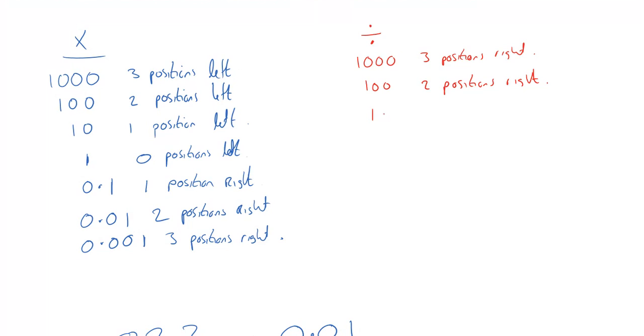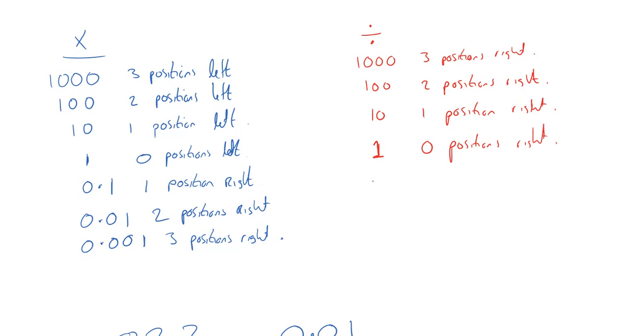If I divide by 10, it's going to be a movement of 1 position to the right. And we can again extend this on and think about, well, if I divide by 1, I'm keeping a number exactly the same. So therefore, I don't move at all. 0 positions to the right.